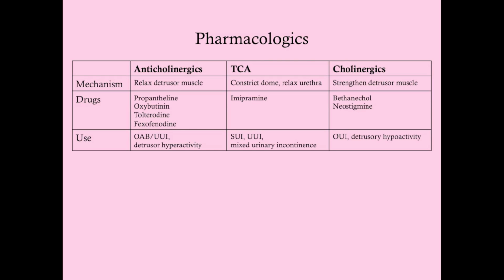This is useful for patients who after surgery have some difficulty in urinating. By giving them a cholinergic like bethanechol, their detrusor muscle will be able to contract better, and so they won't get that overflow urinary incontinence. So this is what we give that for, and we'll talk about that in greater detail as we go on.